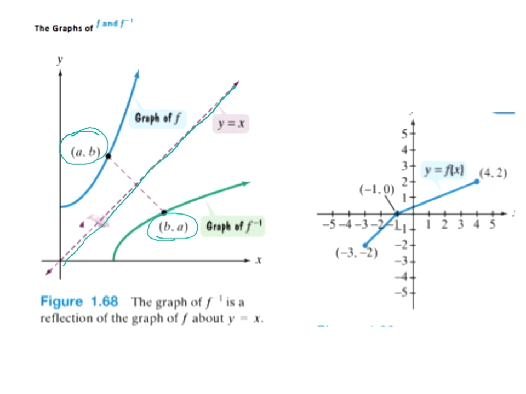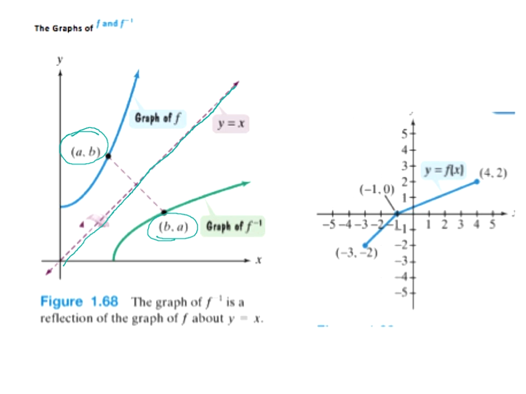So if you're given a random graph like we have off to the right here, and you're asked to graph the inverse, what you're going to do is choose some key points, and they've actually shown you which key points to use in this example. You're going to flip-flop them, graph the inverse, and then you can even graph the line y equals x just to show that it reflects across there.